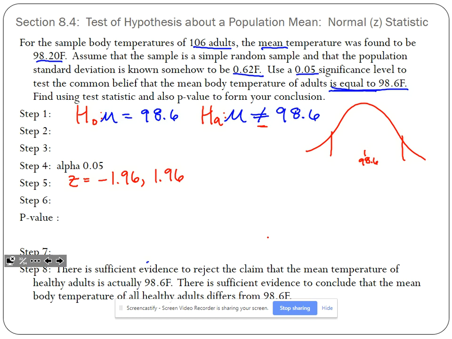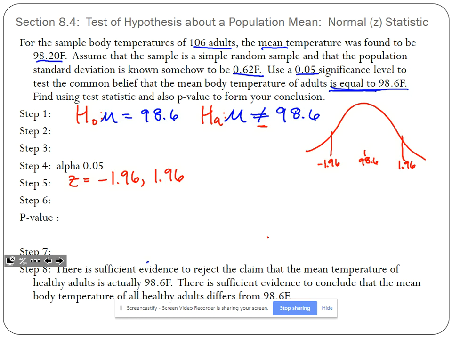So it's going to be a two-tailed test. 1.96 here, 1.96 here. Now, if they said it is greater than or less than, then we would have a one-tailed test. But this is equal and not equal, so both ends of the curve make us reject.